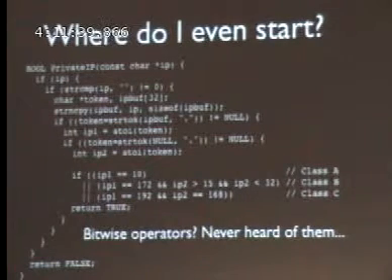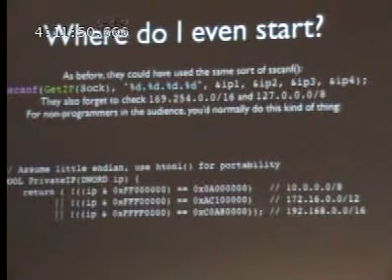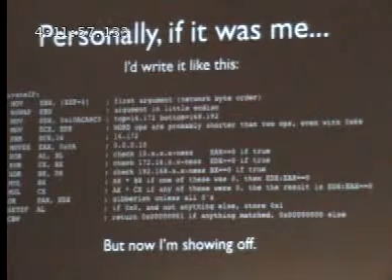Normally the way you do this is with a bit mask, but this person wrote this huge parsing routine to do it, and this is how you'd normally do it. So if I was going to do it, I'd write it like this, but I'm just kind of showing off now. Anyway, so that's it.